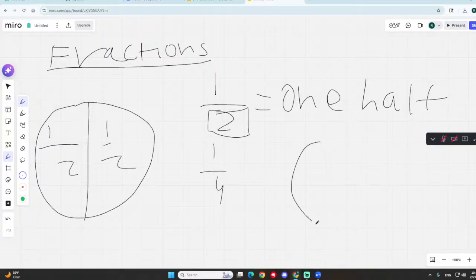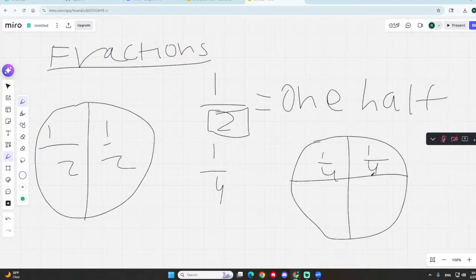Now what if we cut it into fourths with 4 equal parts? Each one would be a fourth or a quarter, which is 1 out of 4. So if there are 4 equal parts, each one of these 4 equal parts is a quarter or a fourth.